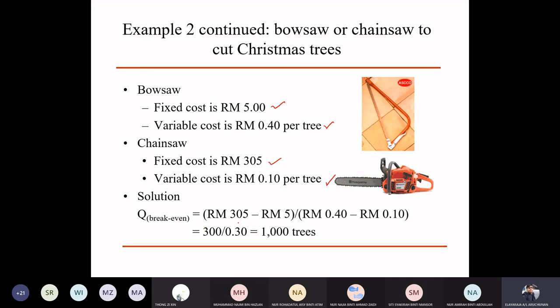We take fixed cost 2 minus fixed cost 1, over the variable cost of the bow saw minus the variable cost of the chainsaw. So we get the break-even at the point of 100 trees. So we are able to calculate it based on the formula.